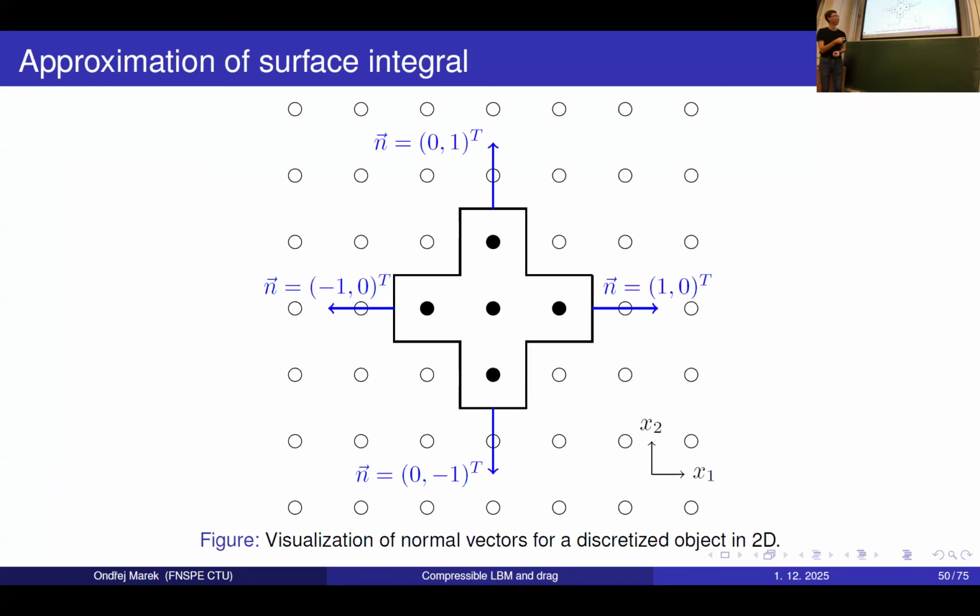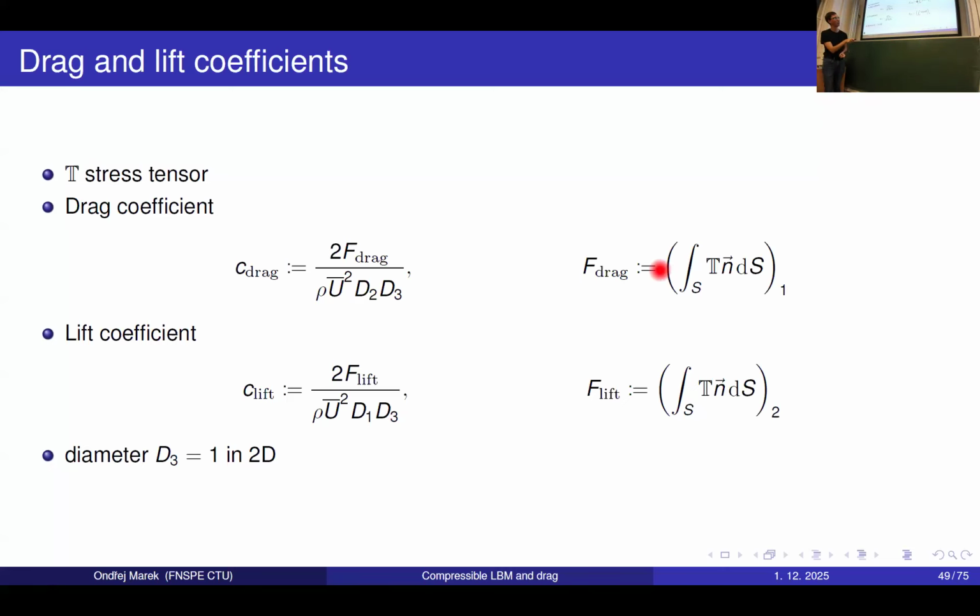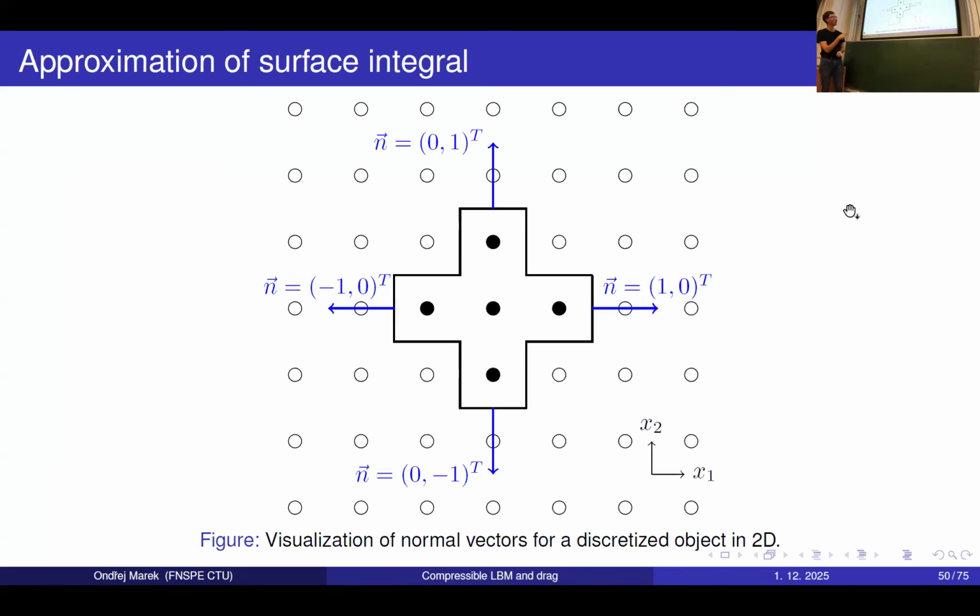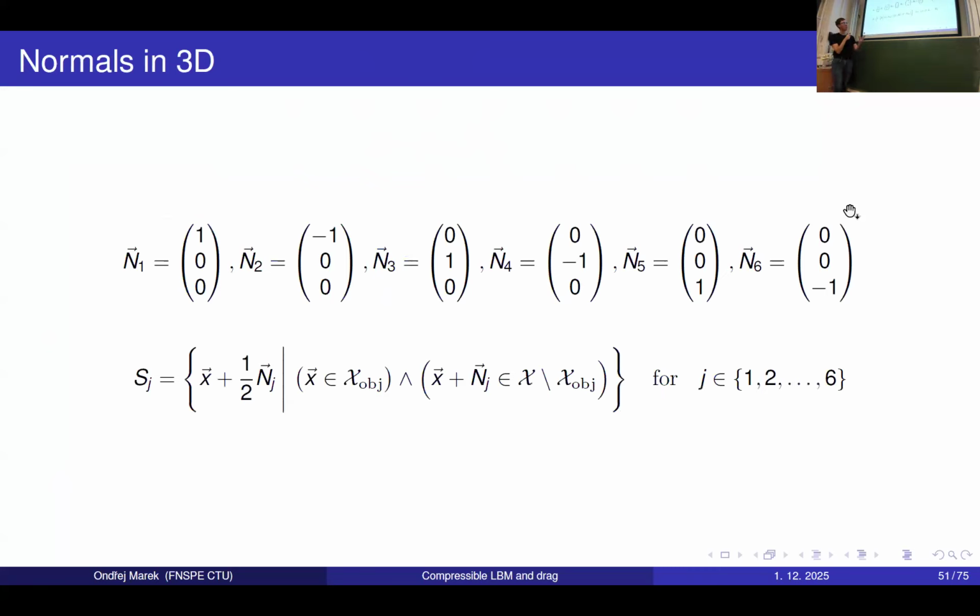From the discretization of the object, which is just pixelized, we end up in 2D with these 4 normal vectors that are in the integral of the stress tensor. In 3D we get 6 of them, but I have used only 2D so far. Now I'm implementing it all in 3D and doing the same simulations in 3D with some additional ones.